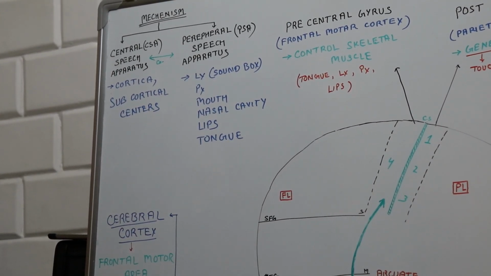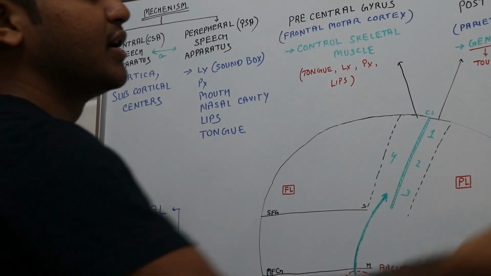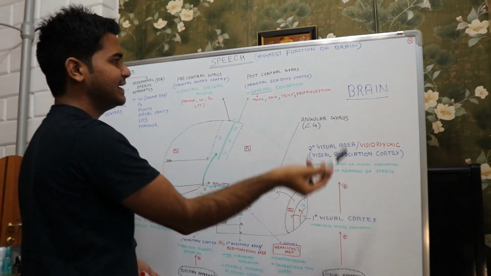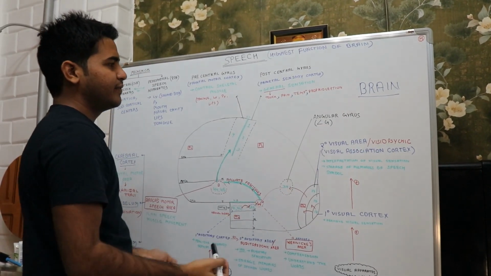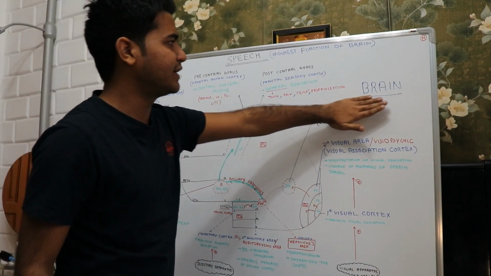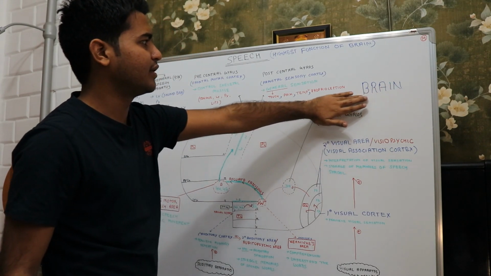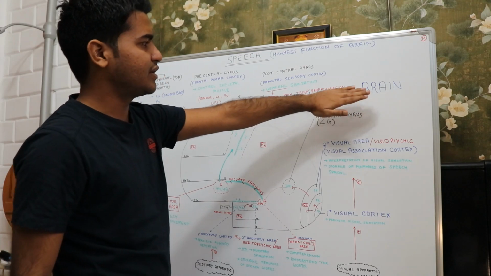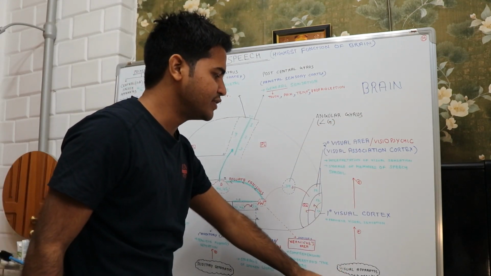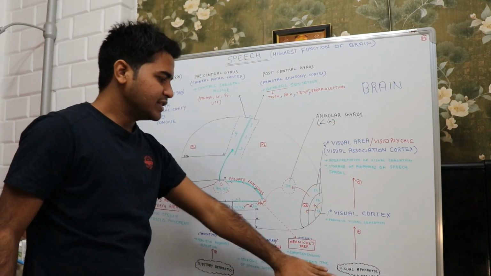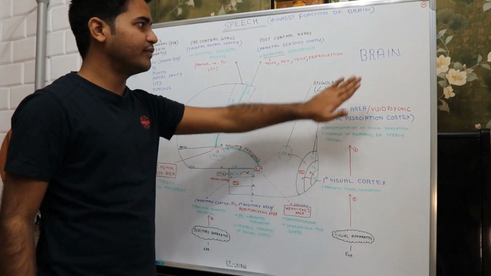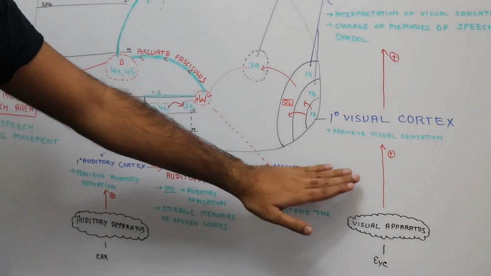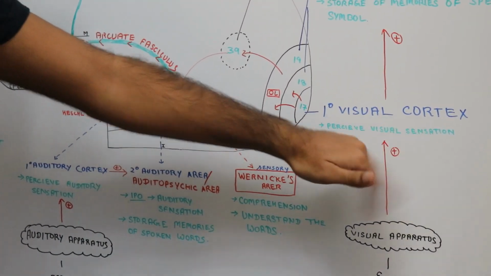So if I give you some target like "brain," you have to see this brain, and first you see these written words. First you visualize, and this sensation comes to the visual apparatus. The visual apparatus senses your visual sensation and transfers this information toward the primary visual cortex.